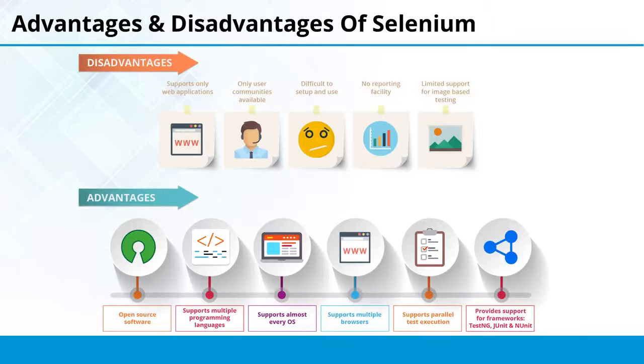You can run different test cases parallelly on different instances of the same browser. Listen to me carefully, because it depends on you how you want to run them, whether you want to run the same test cases on different browsers or whether you want to run different test cases just to speed up on different instances of the same browser.